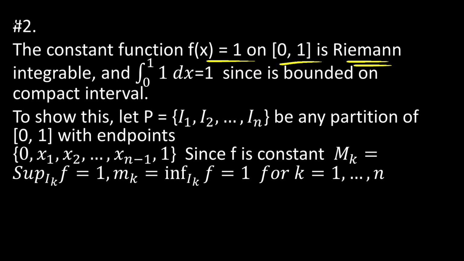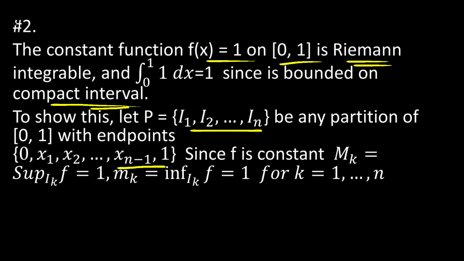Okay, so this function is bounded on a compact interval. Why? Because we are talking about a constant function. Let this be a partition of the interval with endpoints broken up this way.